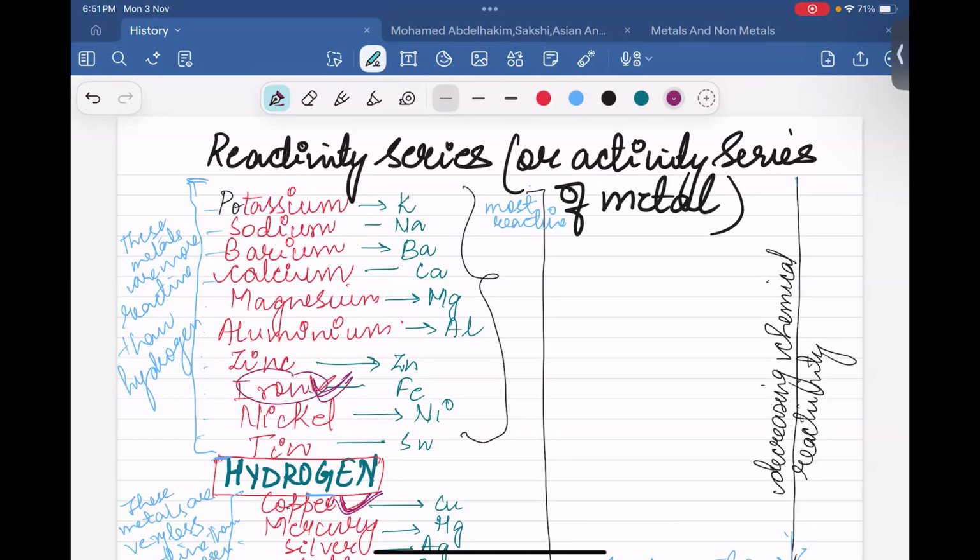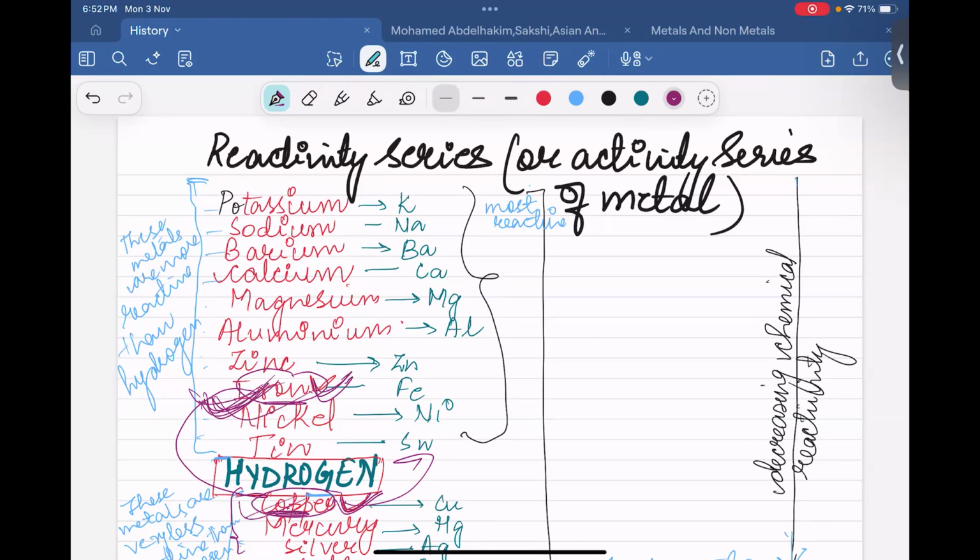I told you just now that metals which are above hydrogen react very fast, and metals which are below hydrogen react very less. This means when iron is put into copper solution, the copper is displaced and iron comes into its place, because iron is more reactive. It reacts much faster than copper.